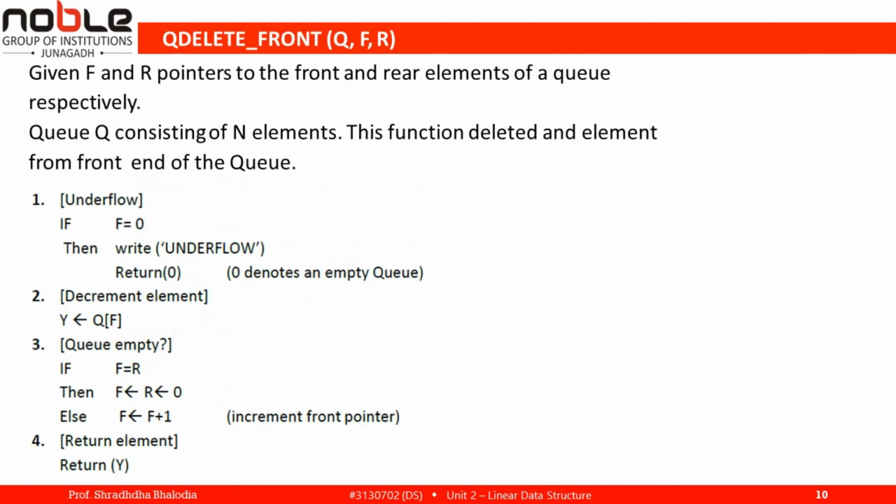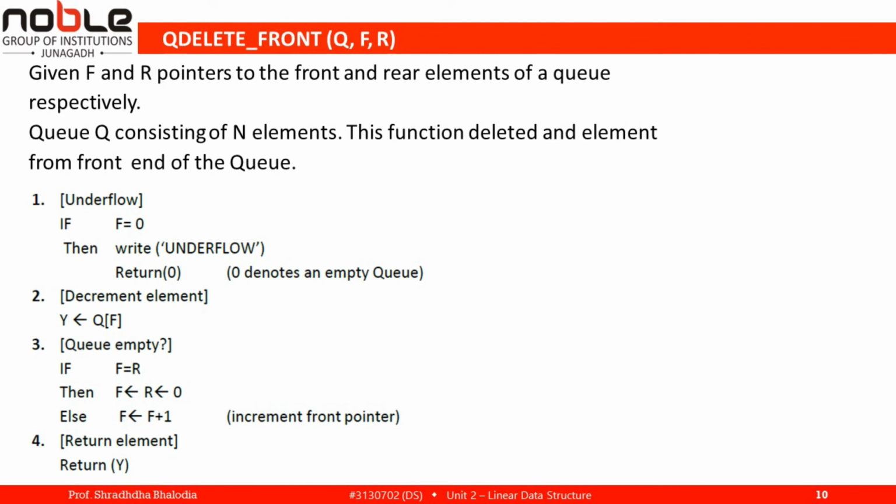Now we move forward to deletion. For deleting an element from the queue, we need to check the underflow condition. If front is equal to 0, then the queue is underflow, deletion is not possible.